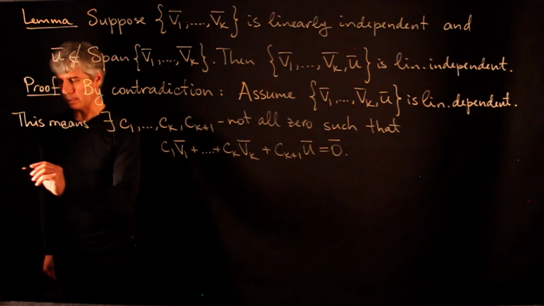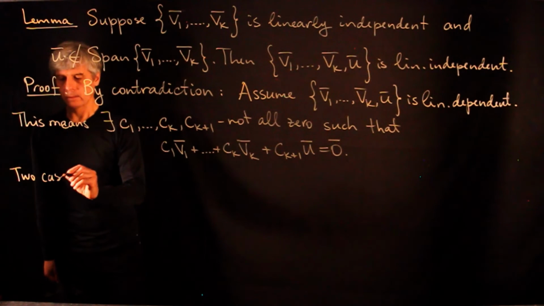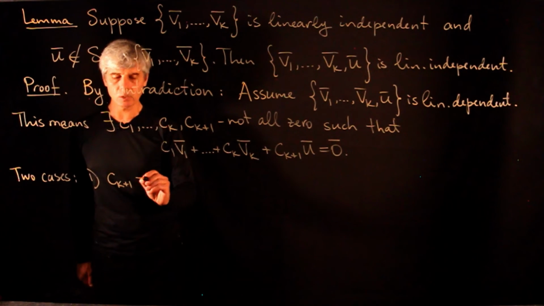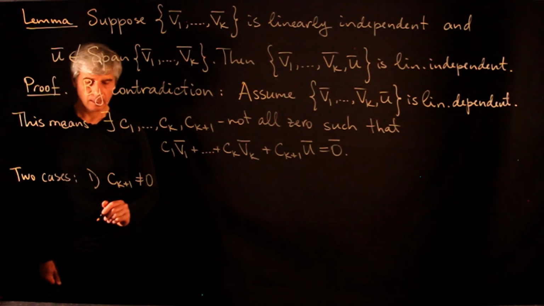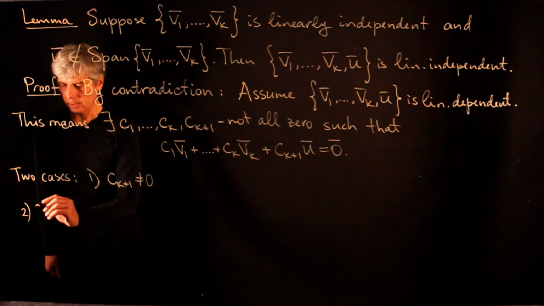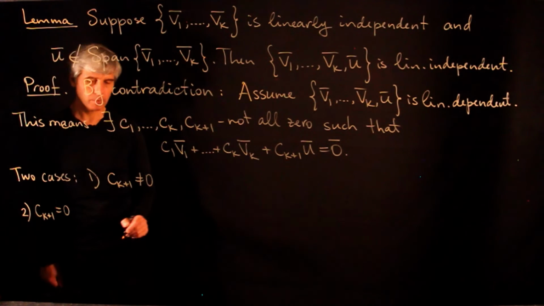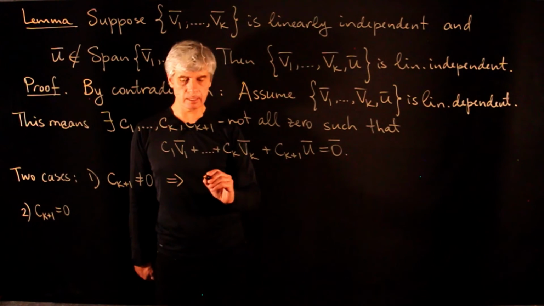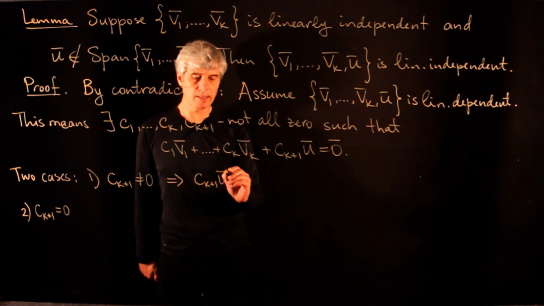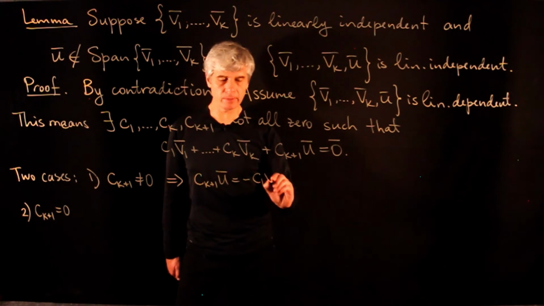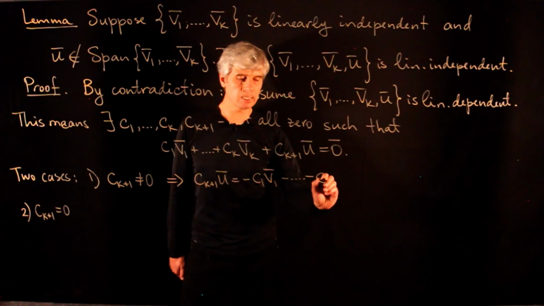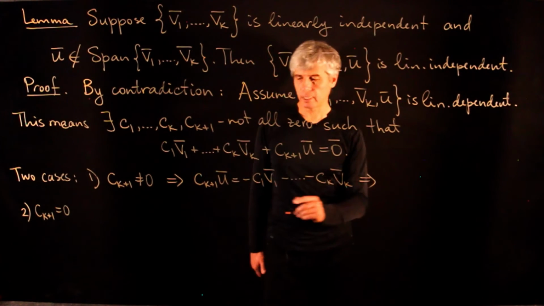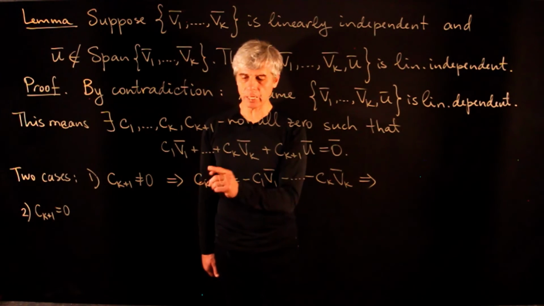Now, consider two cases. The first case is when ck+1 is not equal to 0, and the second case is when ck+1 is equal to 0. If ck+1 is non-zero, then we can express ck+1 u as negative c1 v1 minus ... minus ck vk. Since this scalar is non-zero, we can multiply by its inverse.